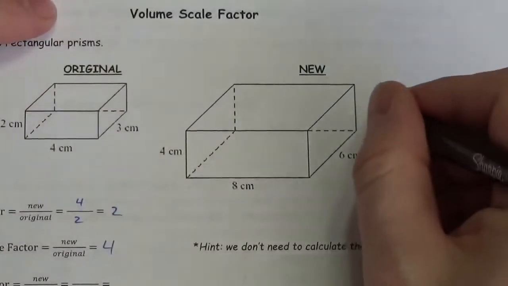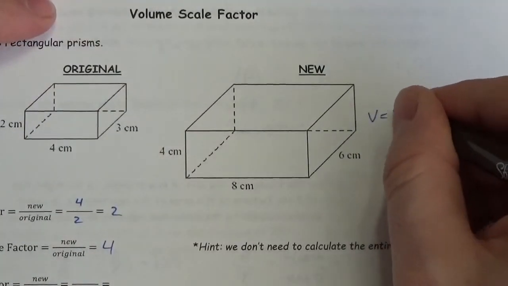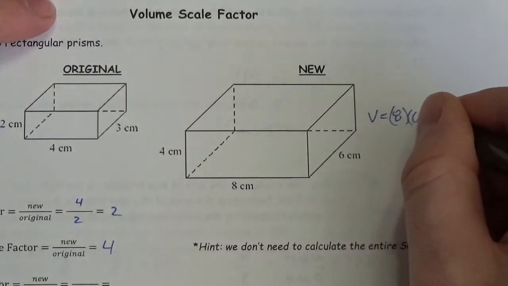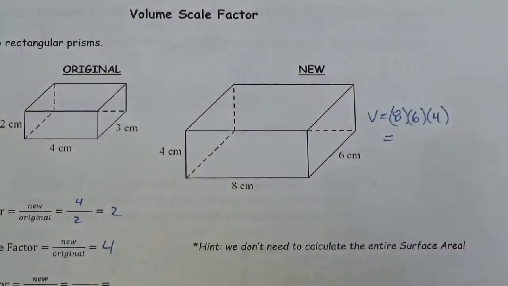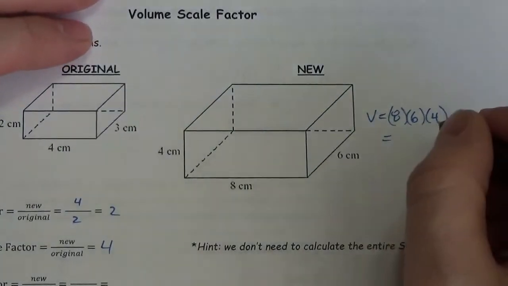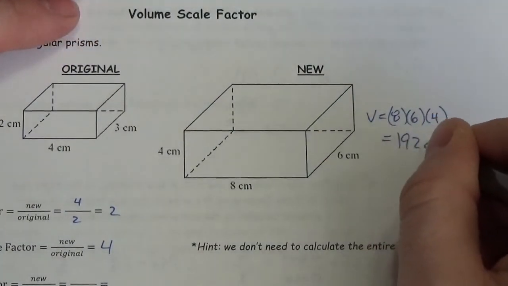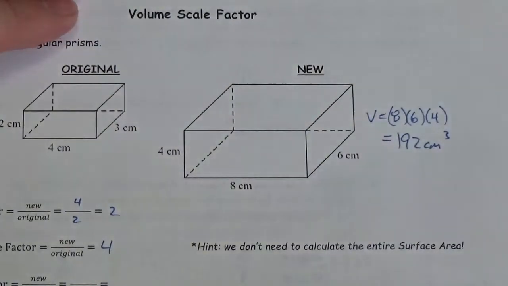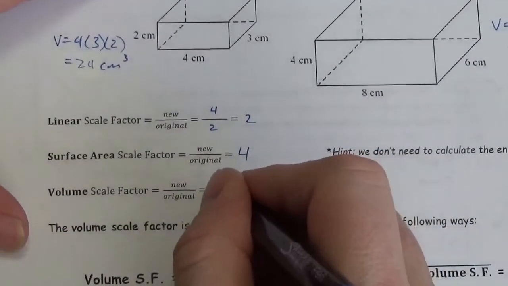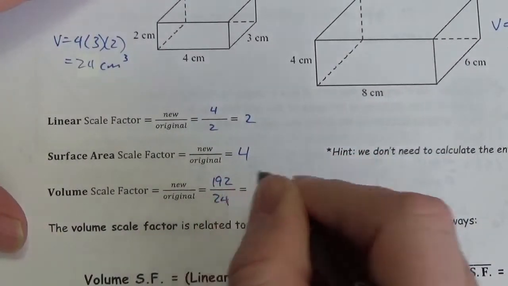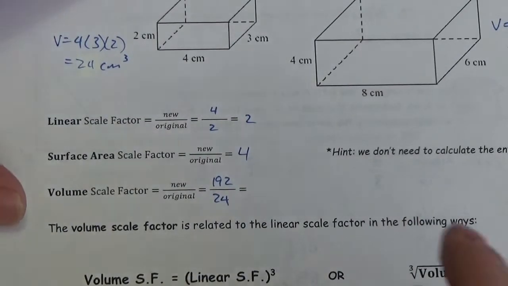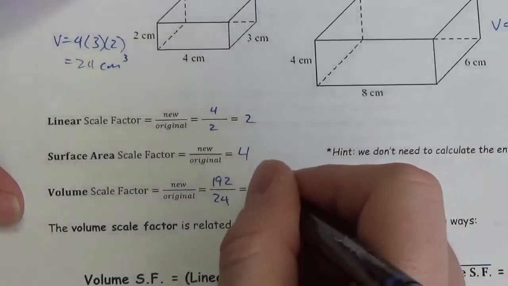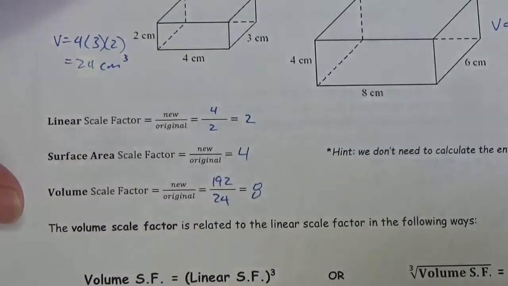Over here, our volume is going to be length times width times height, and so that's going to be 8 times 6 times 4, 192 centimeters cubed. So when I put those in, 192 over 24, when I divide those, you can probably guess what this turns out to be. It's going to be 8.